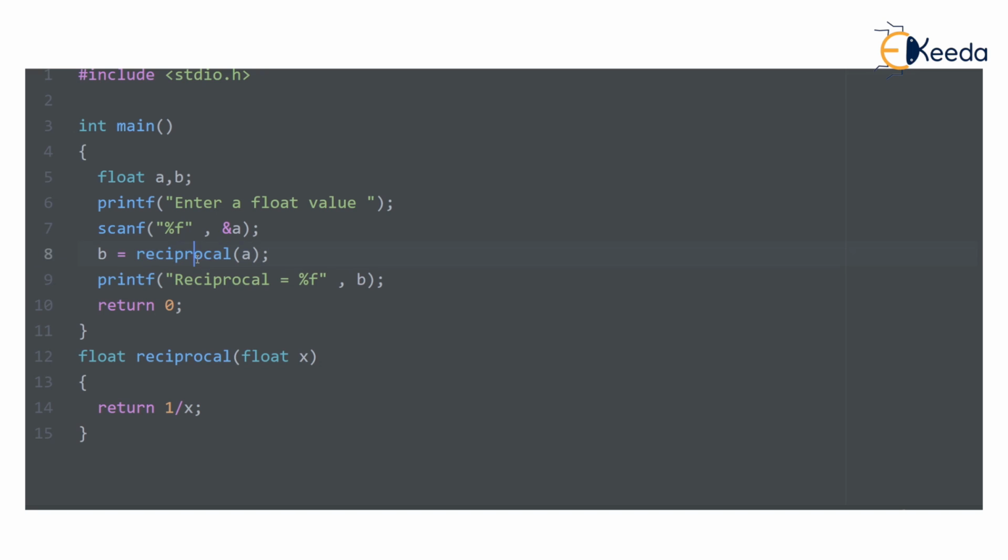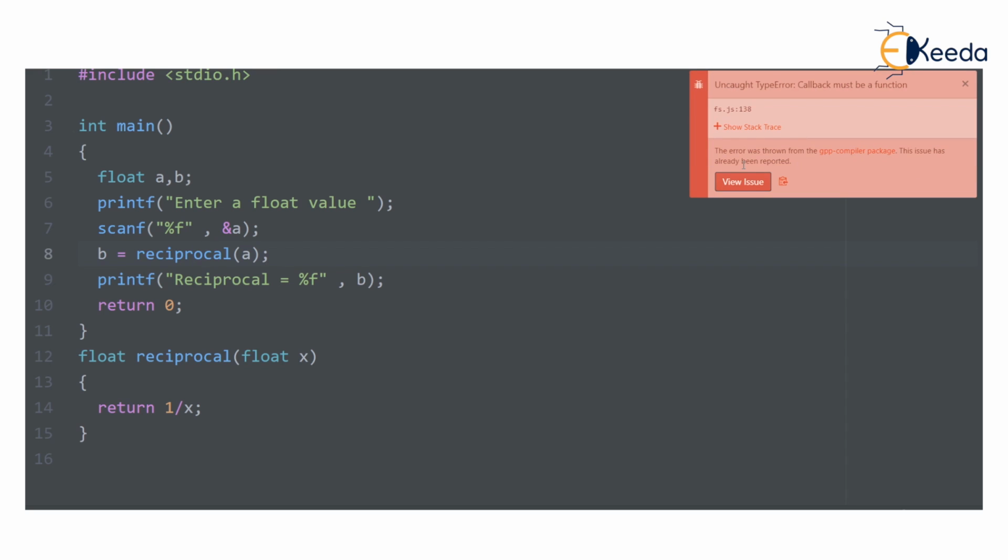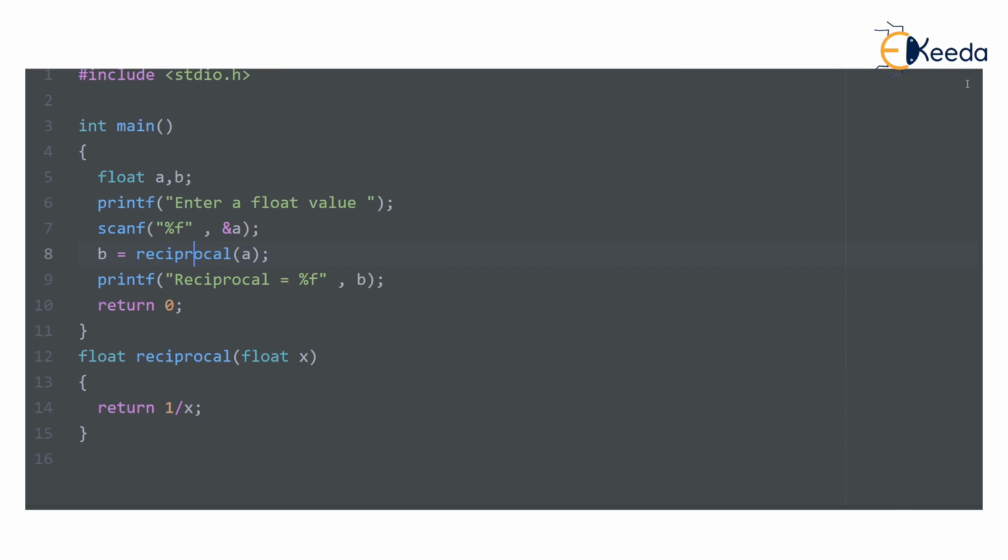Let's try to save this and let's try to run it. And it gives an error. And the error, it says, is that it is not able to run the program because the function reciprocal is not found. Strange, isn't it? The function reciprocal is given inside the program, but the problem is you have defined the function below main, so you must declare the function above main.